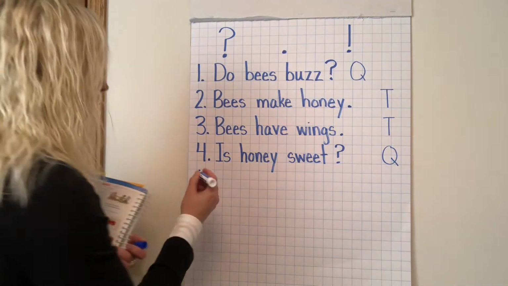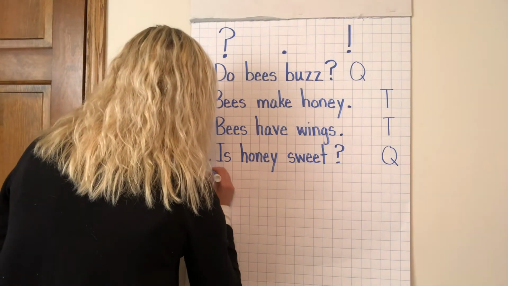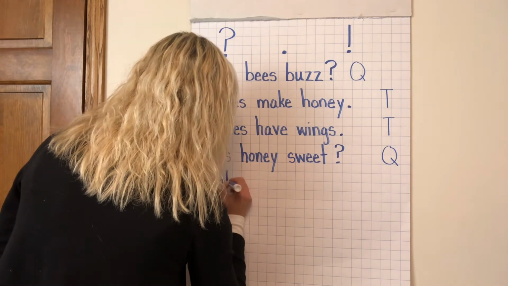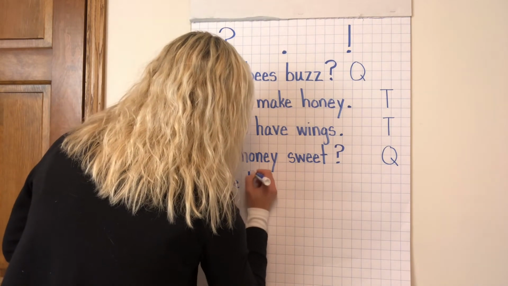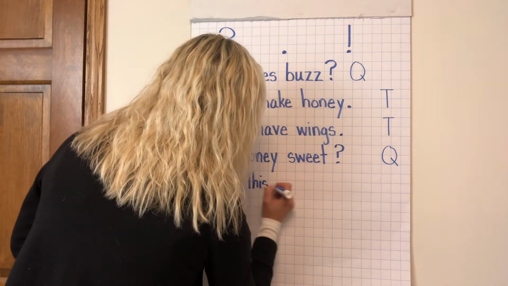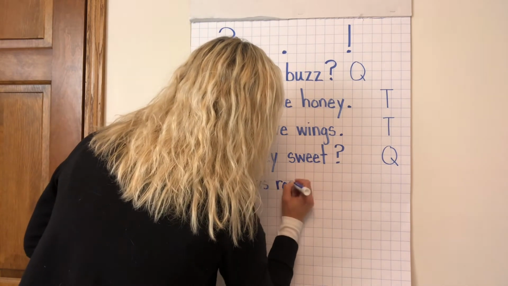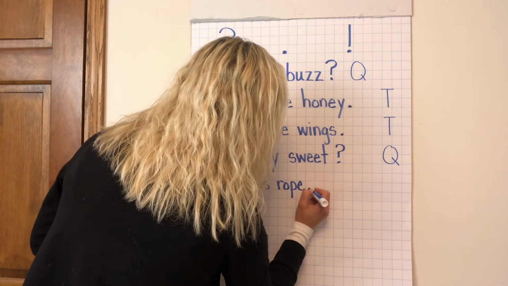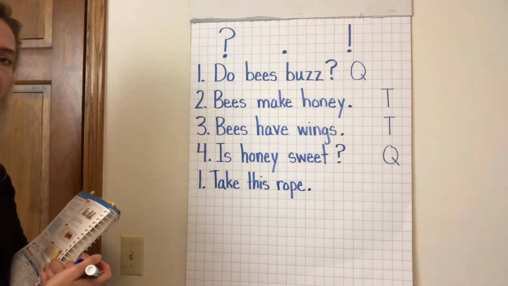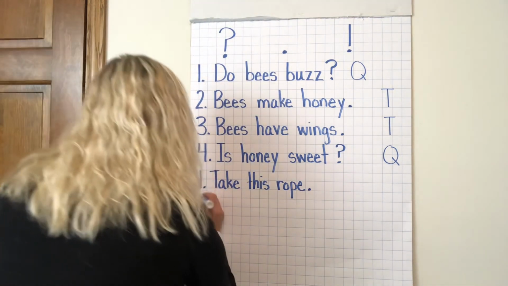Let's write it correctly. Uppercase T. Take this rope. Period. Good job. Number 2.